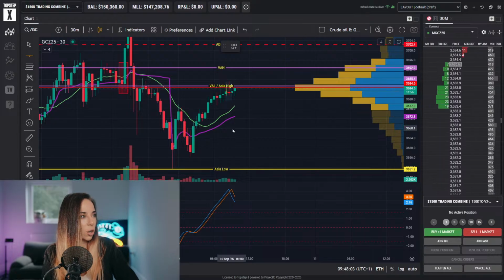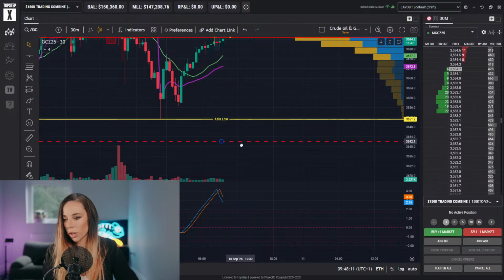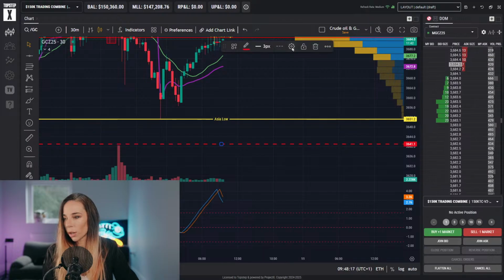And then the ADR low is at 36.41, so way past the Asia low. So yeah, we have enough space here, so we don't have to worry about the profit margin lacking on these trades.